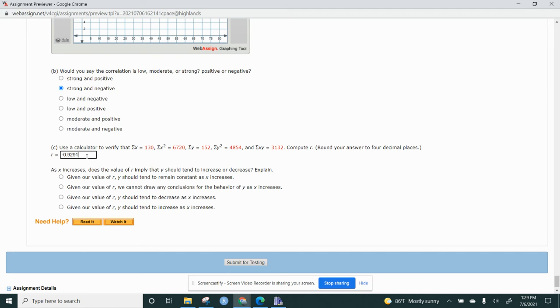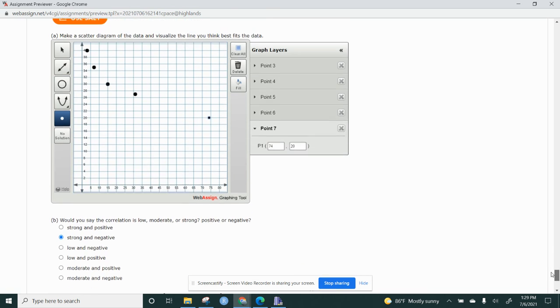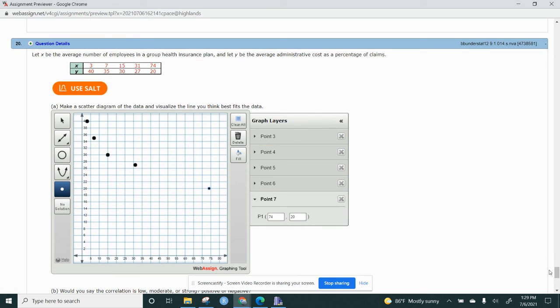And then what does it mean for us? As X increases, which means the number of people, does the value of R imply that Y should increase or decrease? Okay, so given that our value is negative, Y should decrease as X increases. Let's think about it.